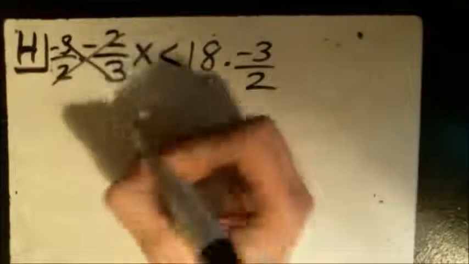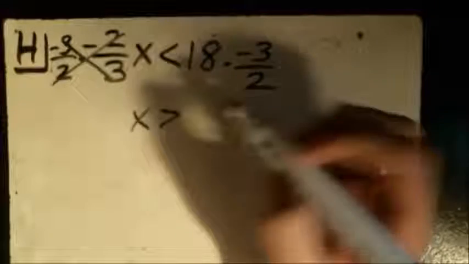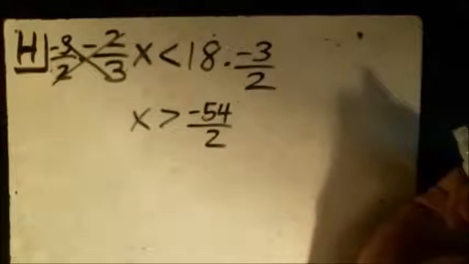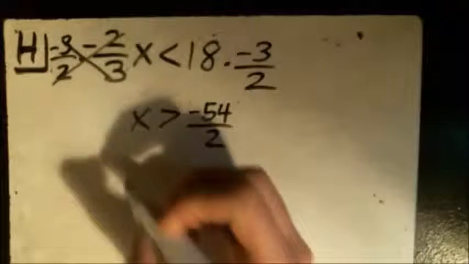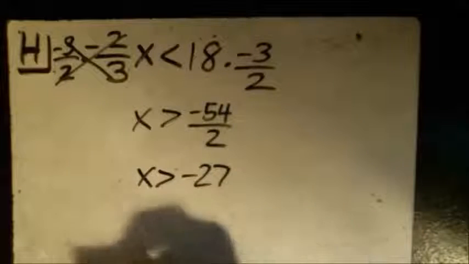So my negative 3/2 and my negative 2/3 cross each other out. And because I multiply by a negative, I've got to flip my sign. So negative 3 times 18 would be negative 54 over 2. And negative 54 divided by 2 would be negative 27. So I've got x is greater than negative 27.